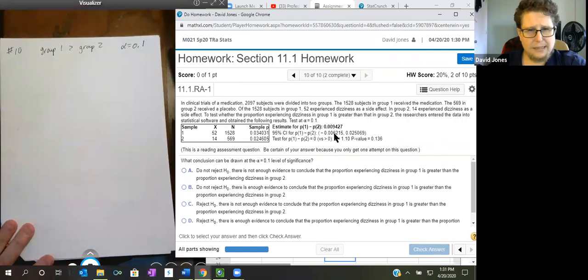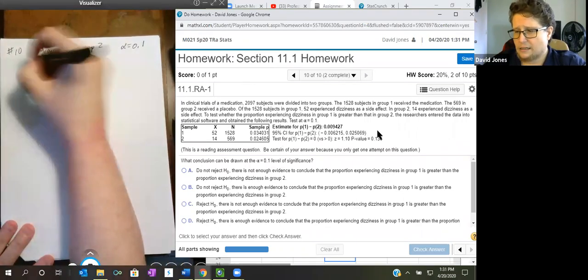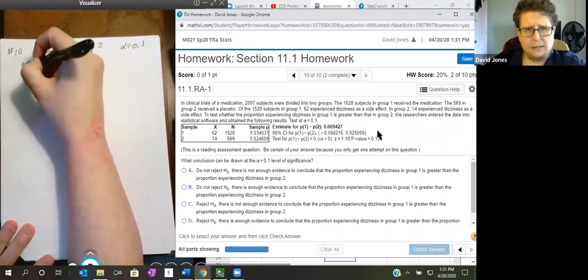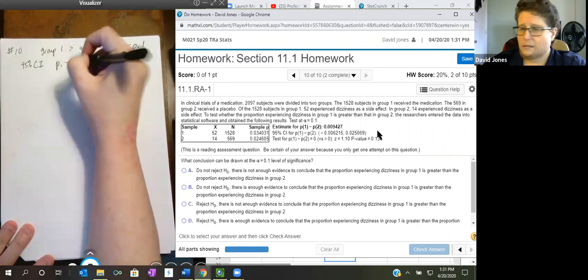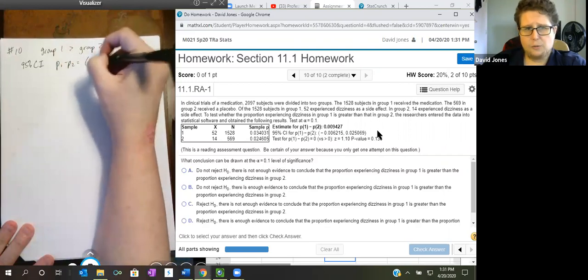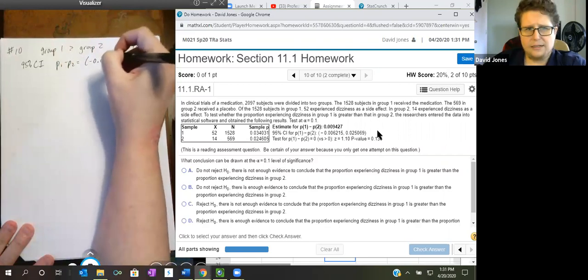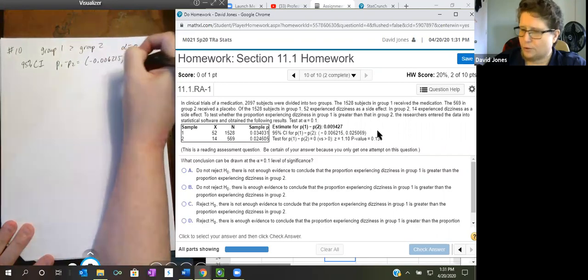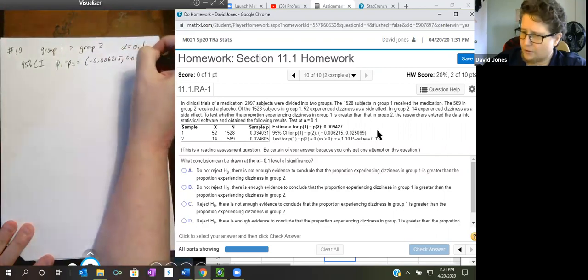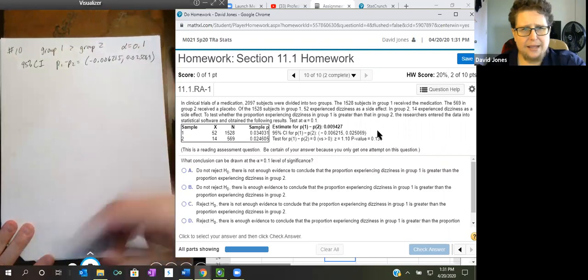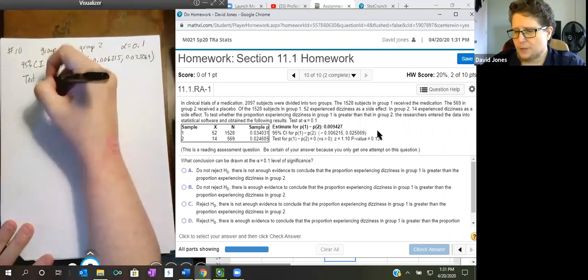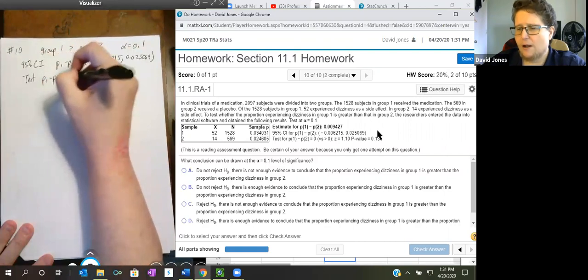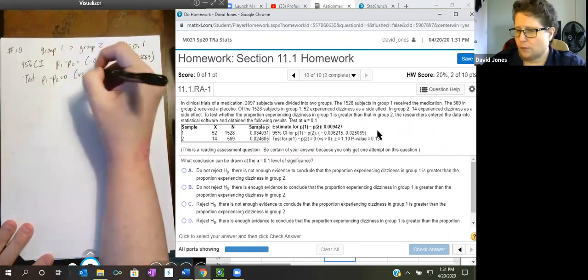It gives me my CI: negative 0.006215 and 0.025069. And then it says the test for P1 minus P2 equals 0 versus greater than 0.